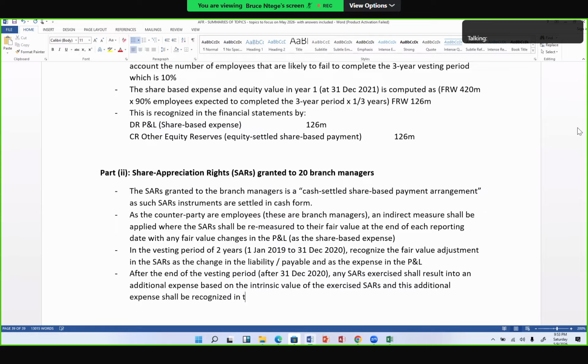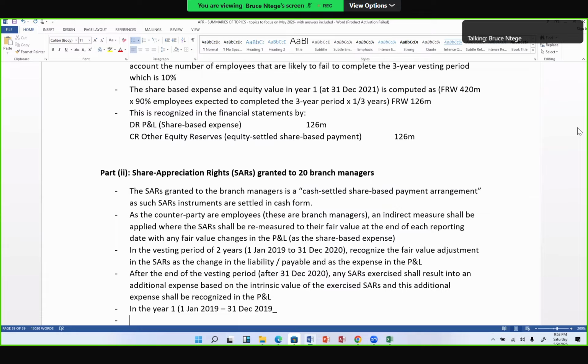Okay, so let's start calculating. In year one, running from 1st January 2019 to 31st December 2019, remember that they've not yet completed 2 years. So we cannot speak of exercised share appreciation rights. We shall only go with the remeasurement of the liability.